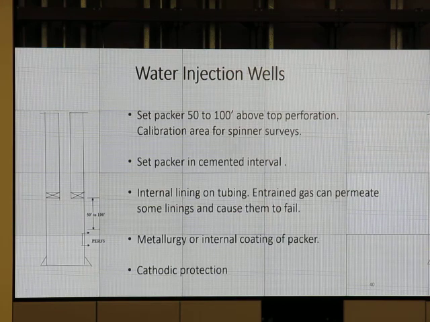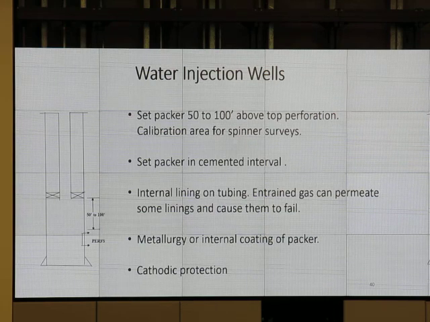So if we allow that 50 to 100 feet below the packer but above the perf, we can lower that spinner in there, we can set our injection rate, and then we can get a reading on that spinner of what it's going to read in blank pipe. Then we know as we go down to the perforations where we're injecting into them, if we're reading different numbers, then we've got a good idea of what the base is. In blank pipe, we can work out what the percentage is that may be going through the perforations.